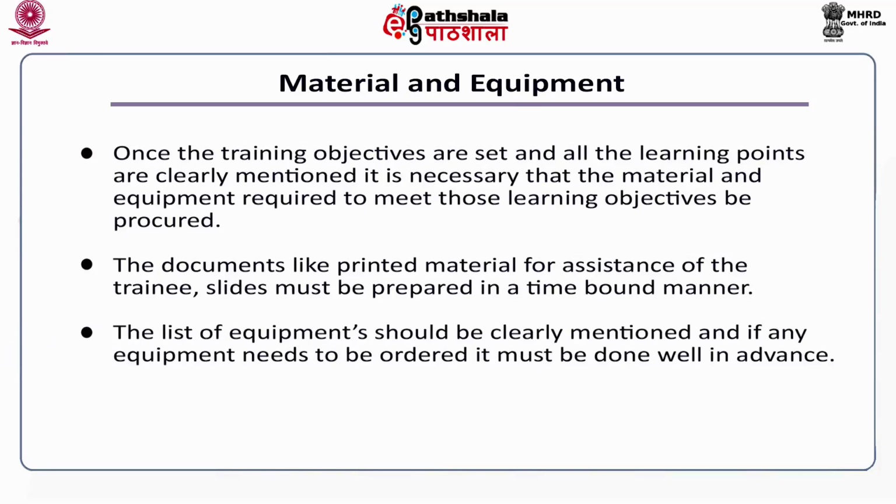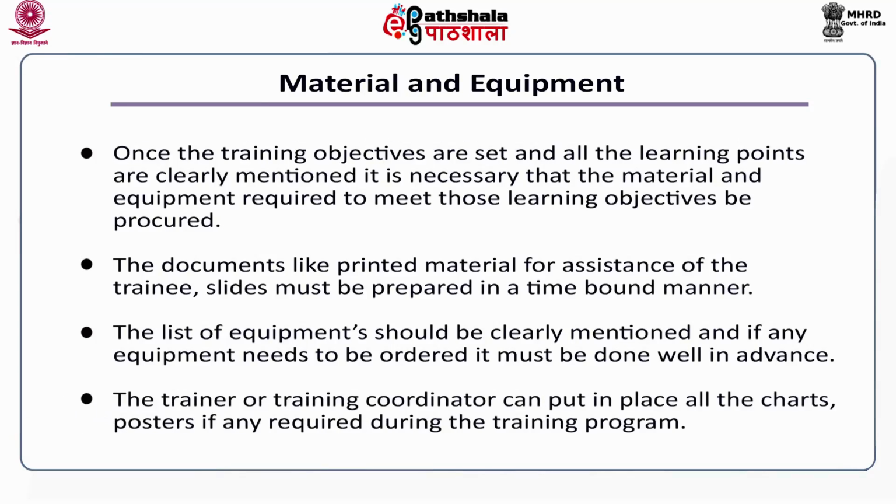The list of equipment should be clearly mentioned, and if any equipment needs to be ordered, it must be done well in advance. The trainer or training coordinator can put in place all the charts and posters, if any, required during the training program.